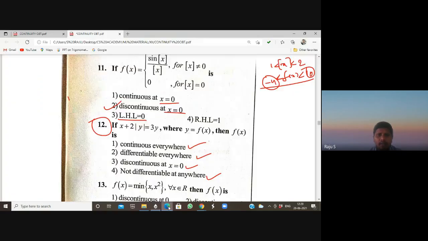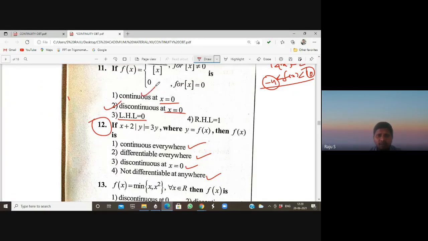So clearly, continuous, sorry, it is not. Continuous everywhere means it should not be discontinuous. It is not differentiable anywhere, they mention. It is not correct.